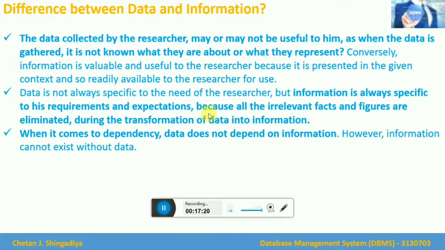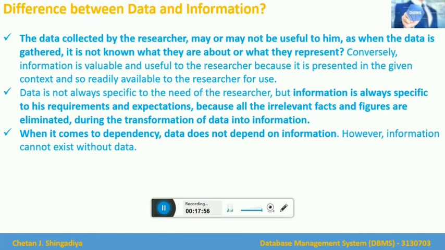This is one of the most appropriate differences from which you will be able to understand the difference between data and information. Another difference is that data is not always specific to the need of the researcher, but information is always specific to his requirements and expectations, because all the irrelevant facts and figures are eliminated during the transformation of data into information.